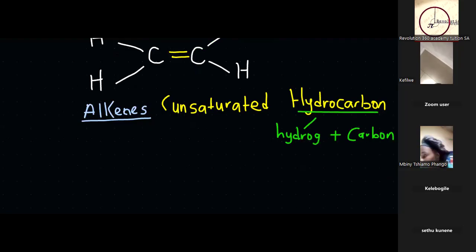So the alkenes are unsaturated hydrocarbons with covalent double bond between carbon atoms. And here I told you to say alkanes are saturated hydrocarbons with single covalent bonds between carbon atoms. So when we speak about an alkene, these are what? These are unsaturated hydrocarbons. You can write it.